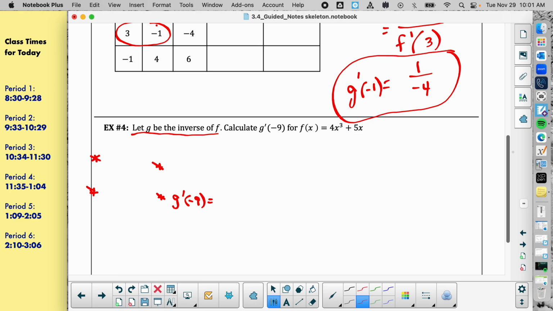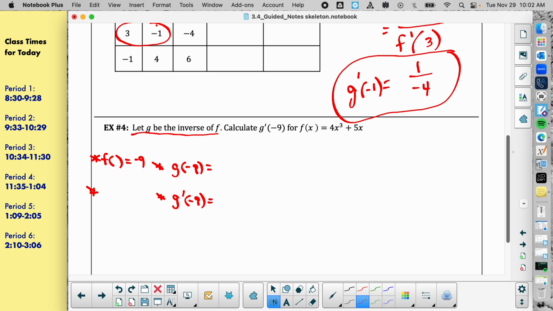That tells me that I need to figure out the inverse at -9. What would that mean for f? If I'm plugging -9 into the inverse, that means f would be equal to -9 at some x. So I need to figure out when that equation is equal to -9.